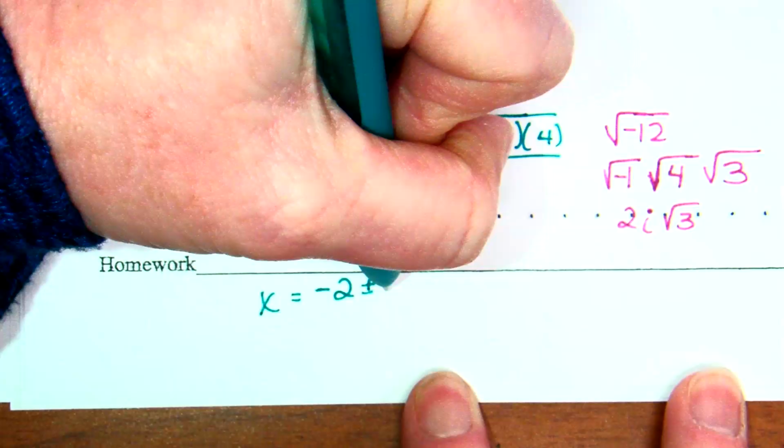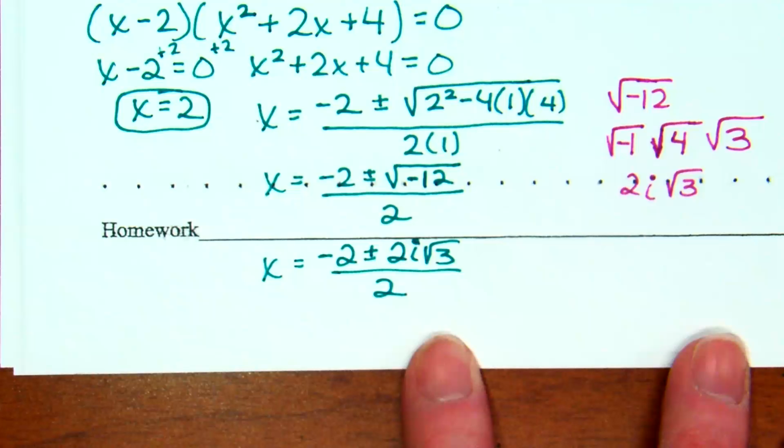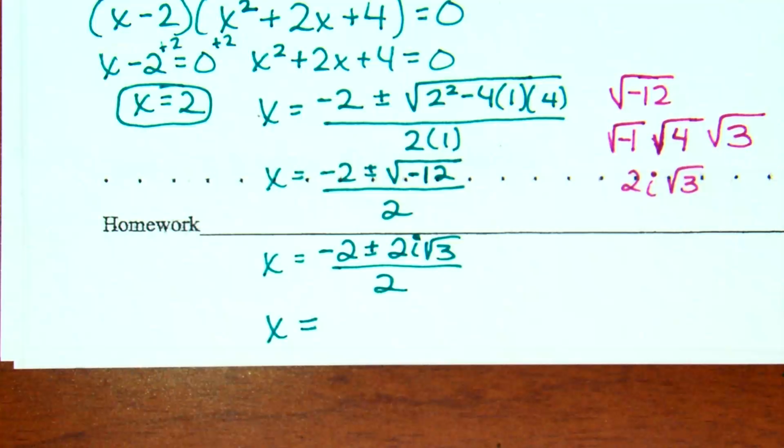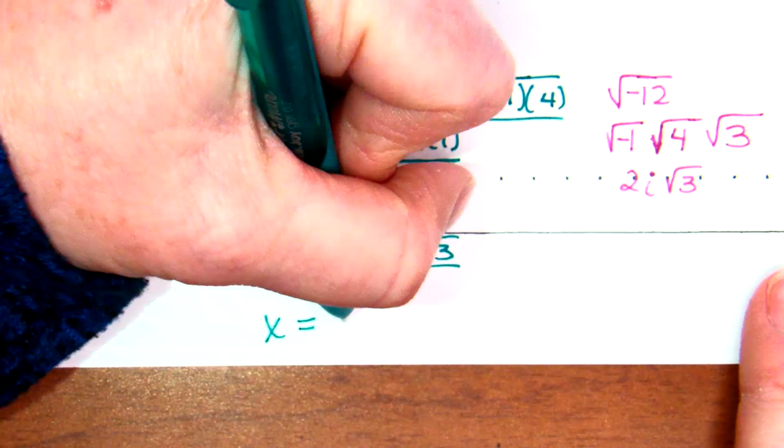One final simplifying step. Everybody divides by 2, don't they? So negative 2 divided by 2, negative 1, plus or minus 2i radical 3 divided by 2, i square root of 3.